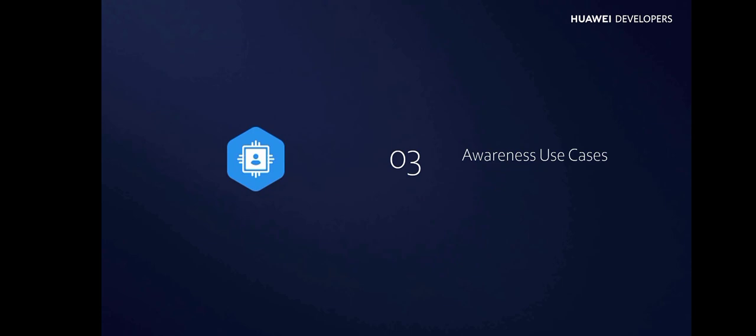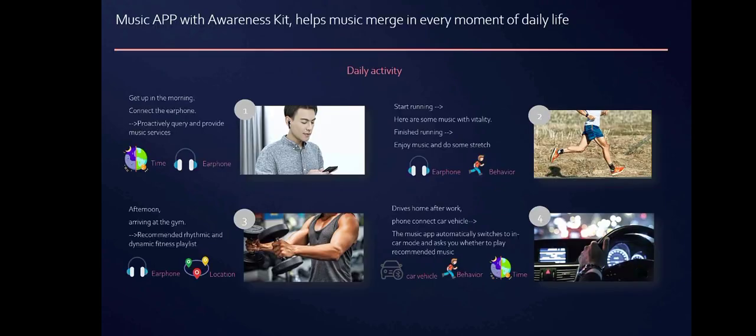Let's see the awareness use cases. Music merges into every moment of daily life, like getting up in the morning, starting and ending running, arriving at the gym in the afternoon, and driving home after work.